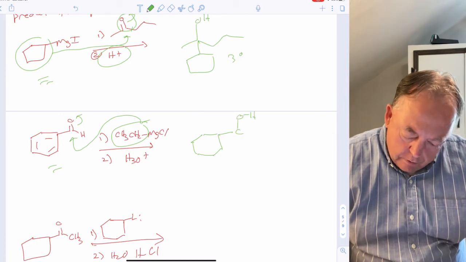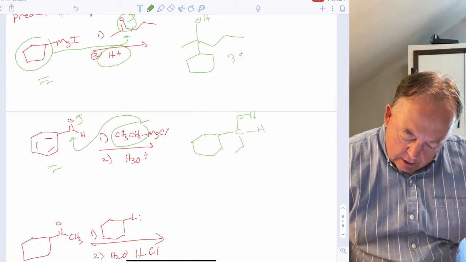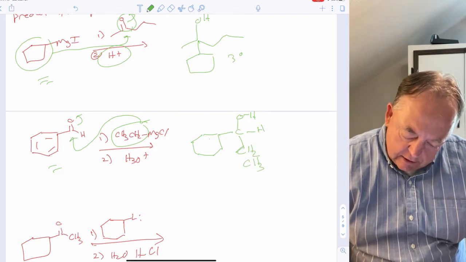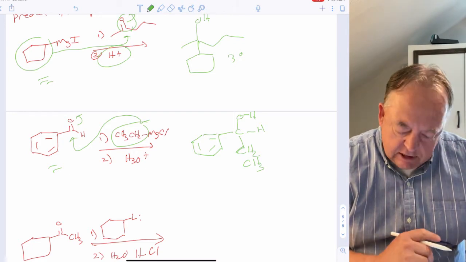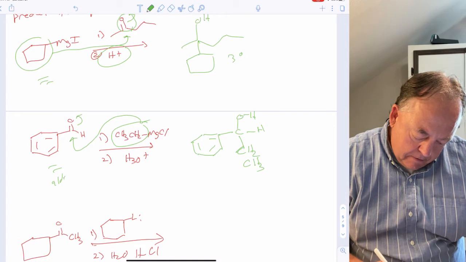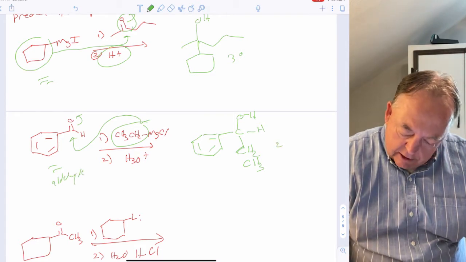So C double bond O becomes an OH, and whatever's attached to magnesium or lithium, you attach to the carbon that was a C double bond O. So that would be your product. In this case, you started with an aldehyde, and you made a secondary alcohol.